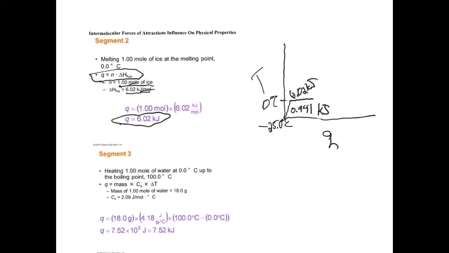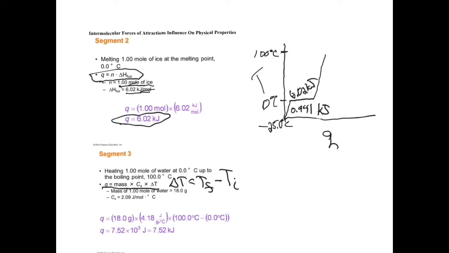Now, segment 3. We need to take that 1 mole of water and crank it up to 100 degrees Celsius. Well, we use this same equation again, where again, just to remind you, delta T is the final temperature minus the initial.